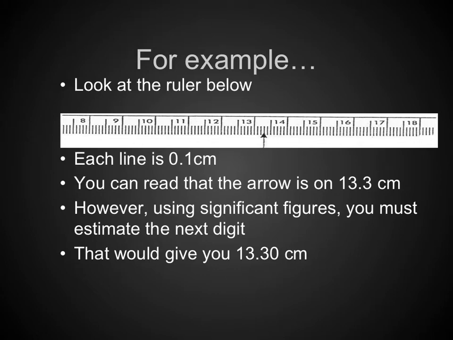This works for every type of measuring device that we use in science. If you're using a balance and the balance reads 14.2, then you would write 14.20, because the last digit is estimated.